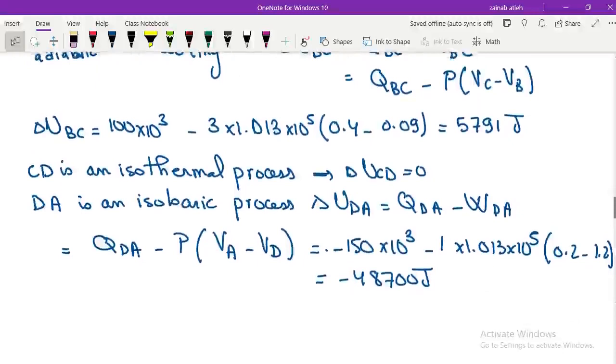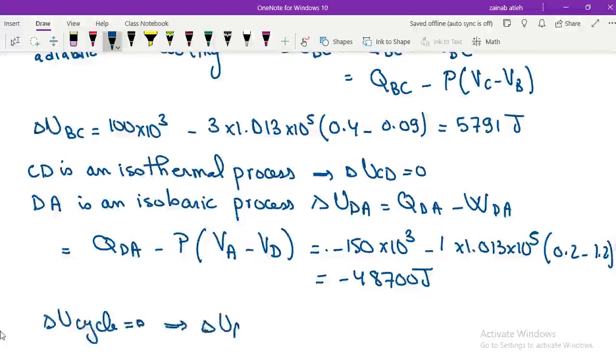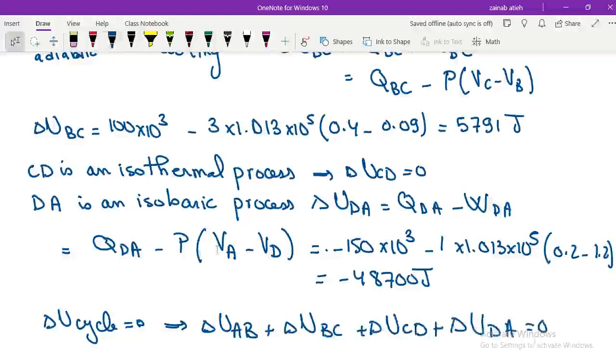the internal energy of a cycle. So delta U of a cycle is equal to 0, which implies delta U AB plus delta U BC plus delta U CD plus delta U DA must be equal to 0. I can substitute all of them.